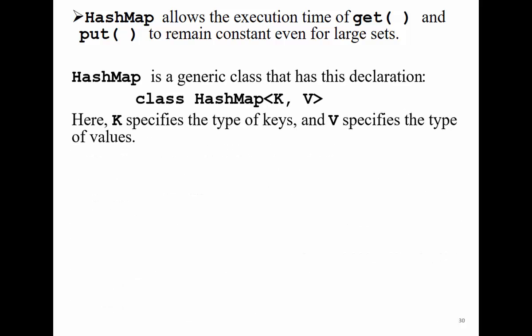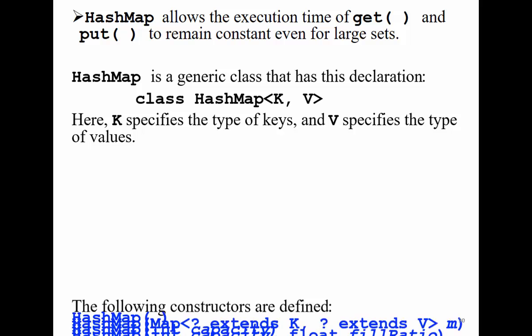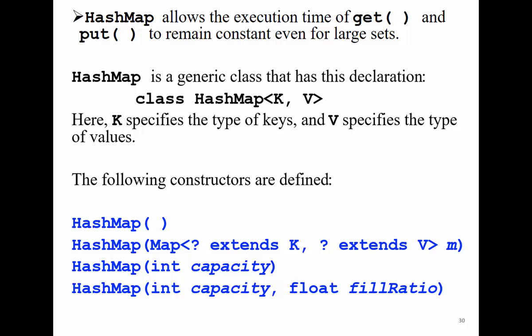The declaration is class HashMap<K,V>, K for the type of the keys and V for the type of the values. And again, we have constructors: you can construct an empty HashMap, or you can construct a HashMap from a different map.